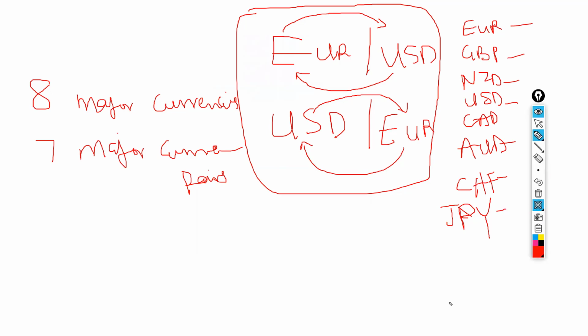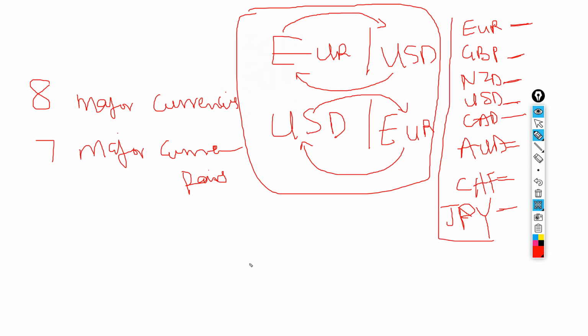There is one missing. 1, 2, 3, 4, 5, 6, 7, 8. There are eight. I wanted to test you. You are right, eight.